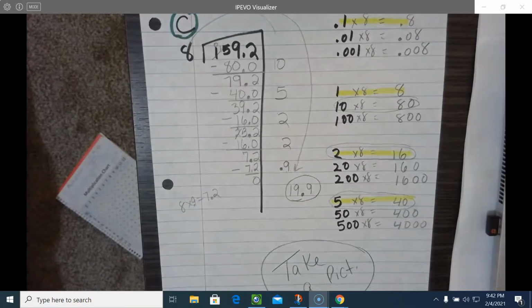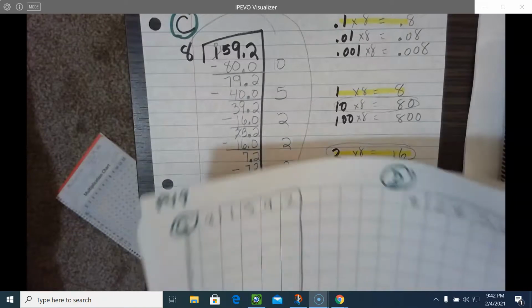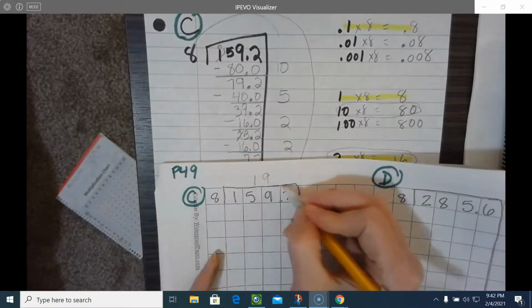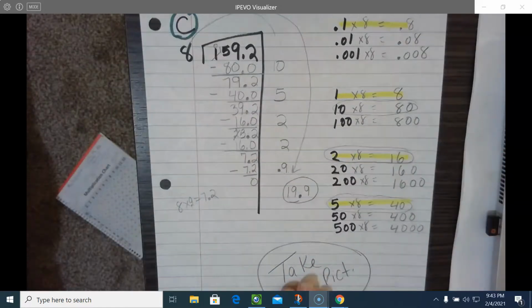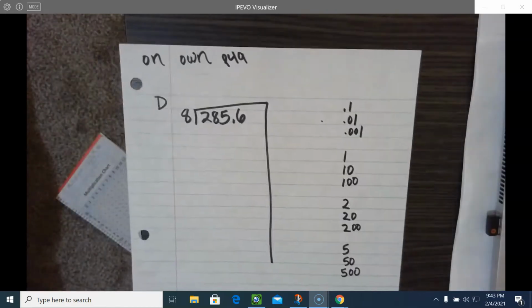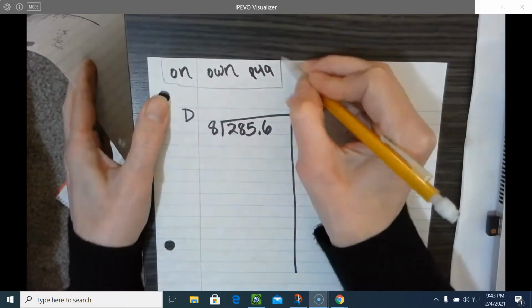You can also put your answer on page 49, which is 19 and 9/10. So take a picture of this in Seesaw, and then this last problem, you are going to work this one on your own.